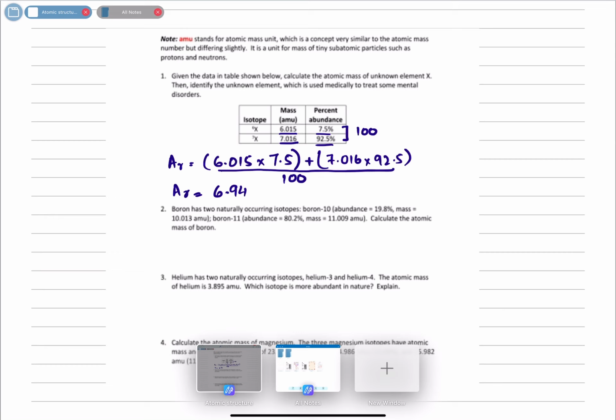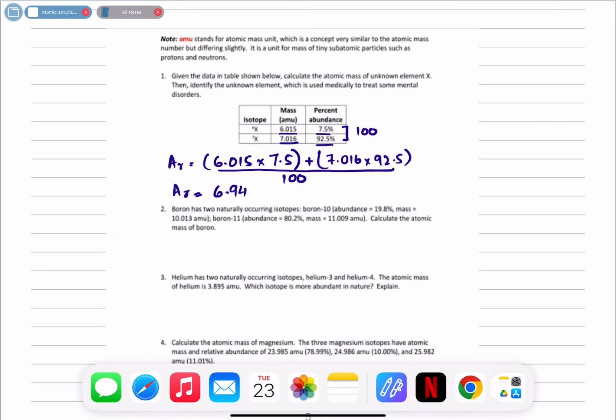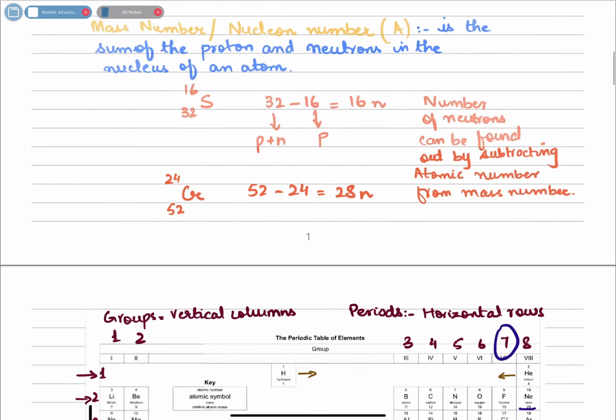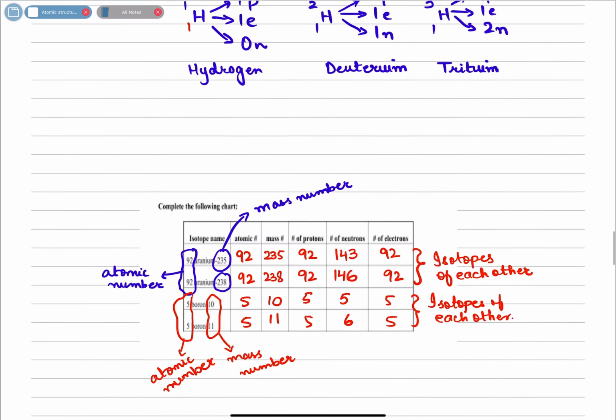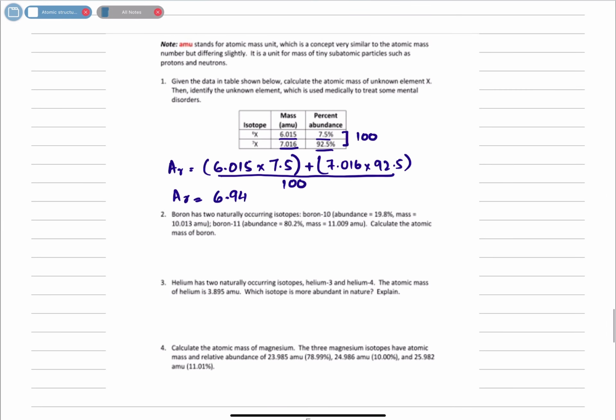They're saying that element X is used to medically treat some mental disorder. So this is interesting, right? Looking at the periodic table, 6.94 is almost close to 7, and that would be lithium. X is lithium because 6.94 is approximately 7 and lithium has a mass of 7. So it's lithium, Li.